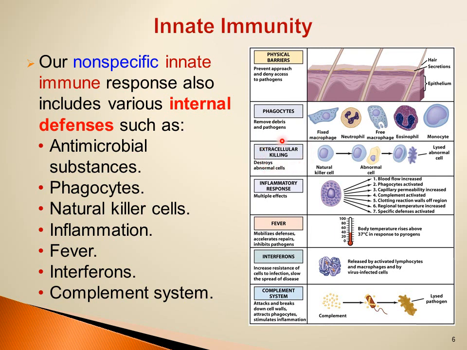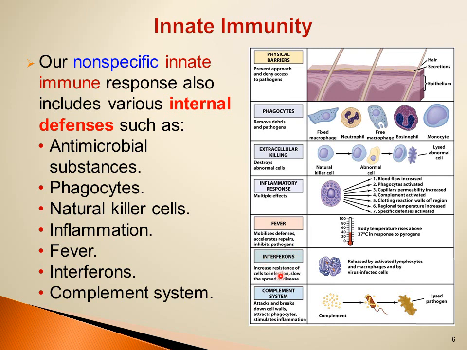There is also the possibility of extracellular killing by the natural killer cells that approach abnormal cells and lyse them. The inflammatory response that we'll discuss later is also one of the internal defenses used by the innate immune response. Fever is also one of the innate immune responses.